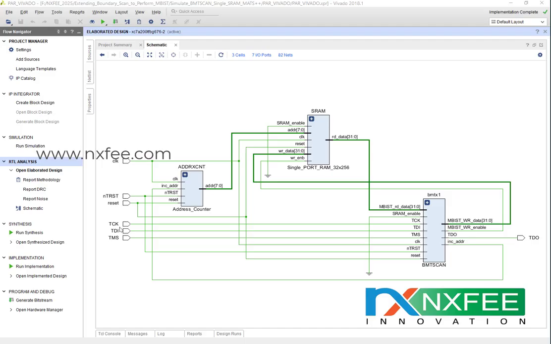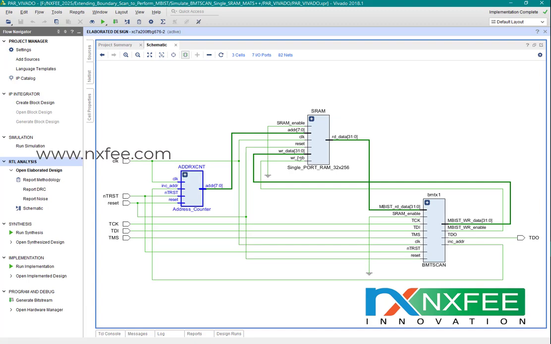Here the initial signals are TDI, TMS, TCLK and reset, and the reset and clock. This is the address counter; it generates the address depending upon the increment. This is a single port RAM, and this is the BMT scan.